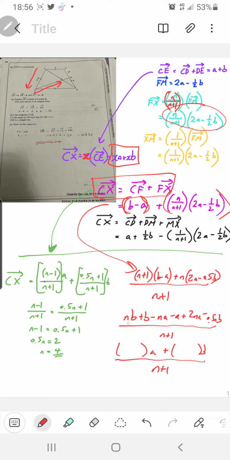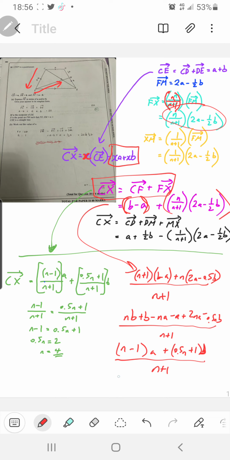So for B, we have n plus 1, and then minus 0.5n. So you will end up having 0.5n plus 1. This is the coefficient of B. The coefficient of A will be negative n minus 1, and then we have plus 2n. So this will be n minus 1. So that is the coefficient of A.